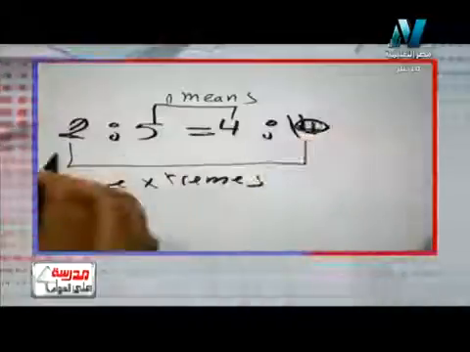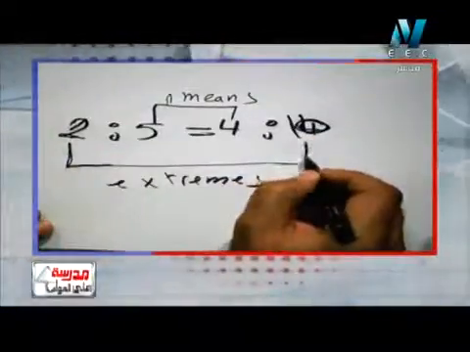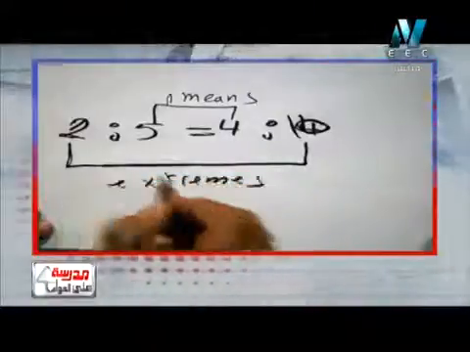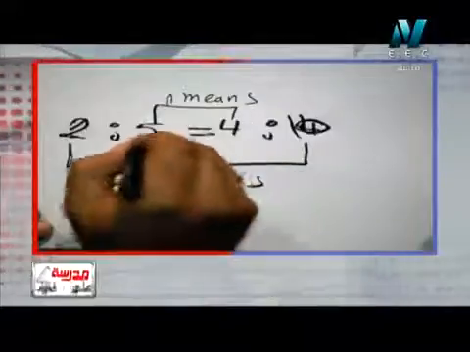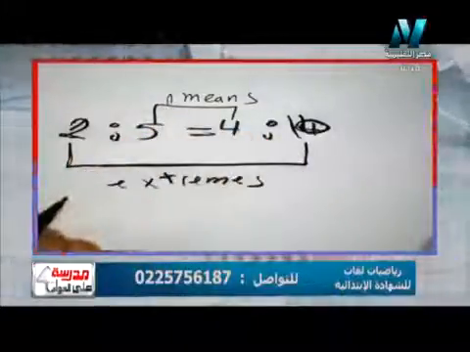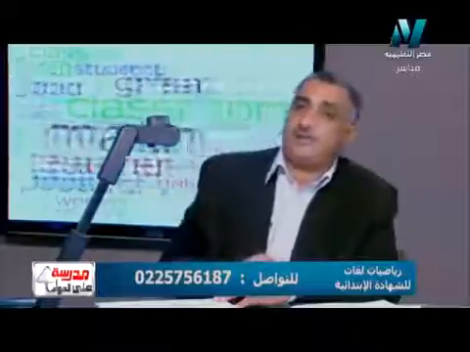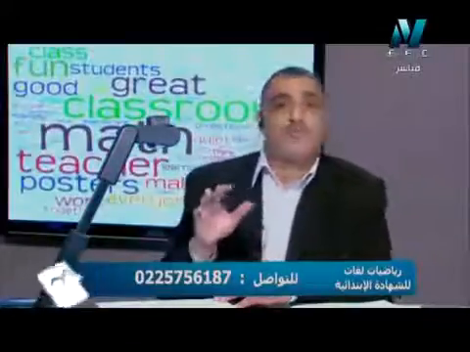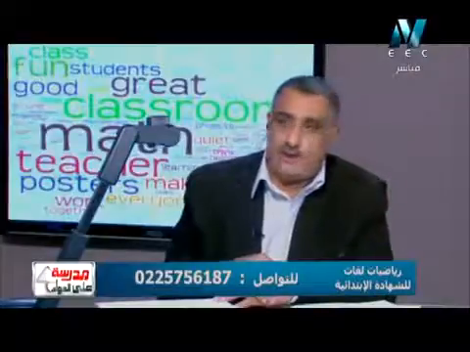We call the first term of the first ratio and the second term of the second ratio the extremes, and we call the second and third, 5 and 4, the means. So when we say the rule, the product of means equals the product of extremes, we have to know what the means and the extremes are. That's the meaning of proportion.